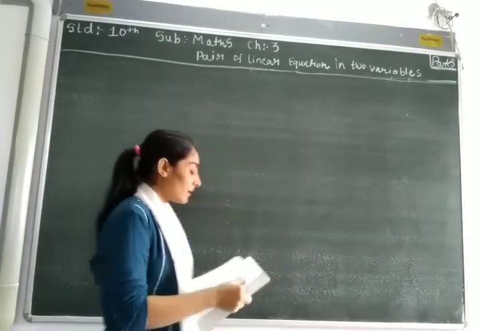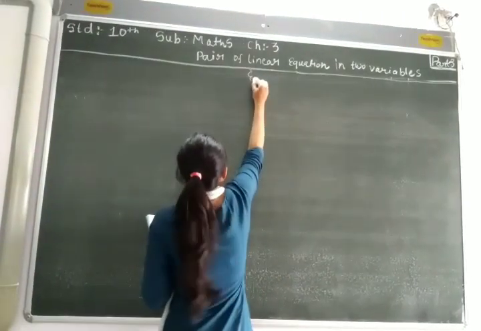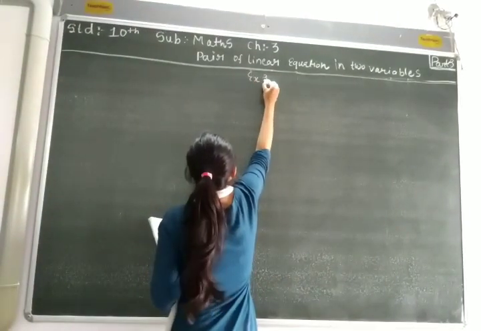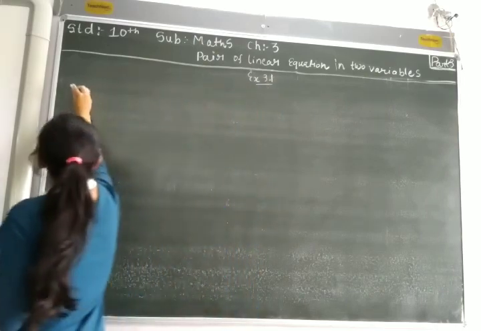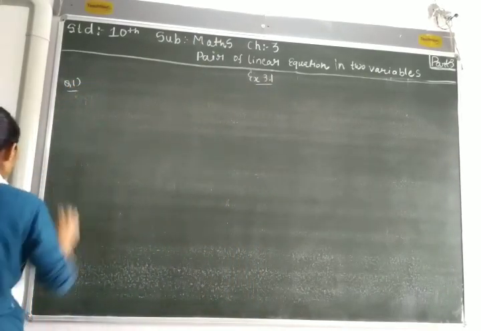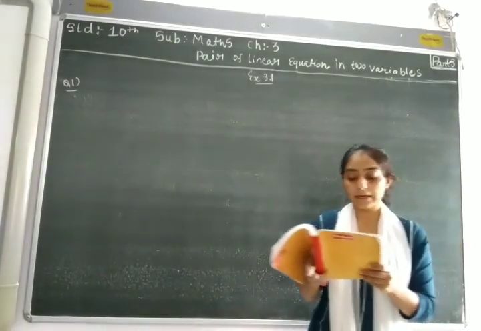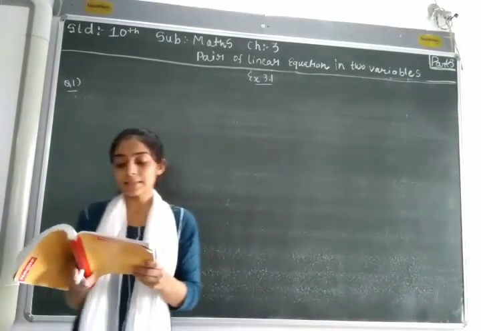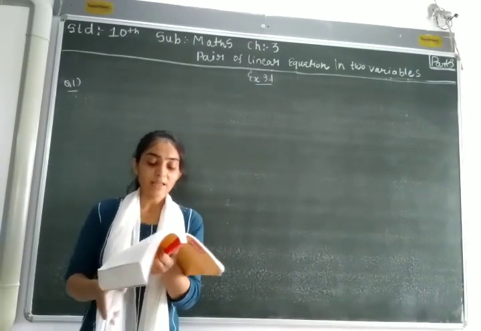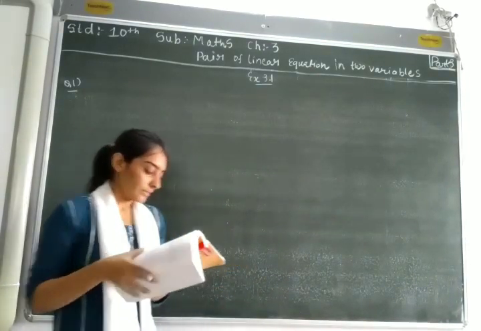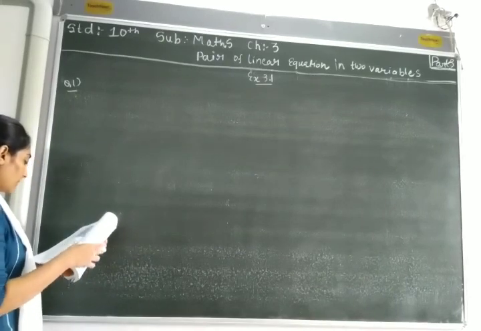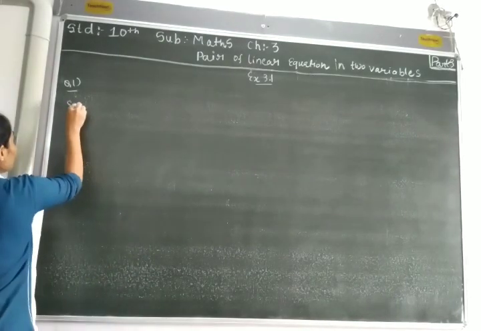Now let's take exercise 3.1, question number 1. Question number 1 says a coach of a cricket team buys 3 bats and 6 balls for 3,900. Here we just solve it.